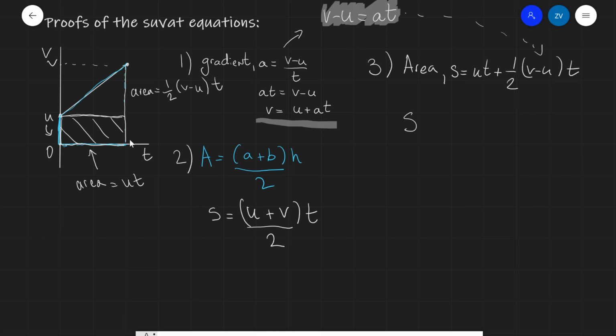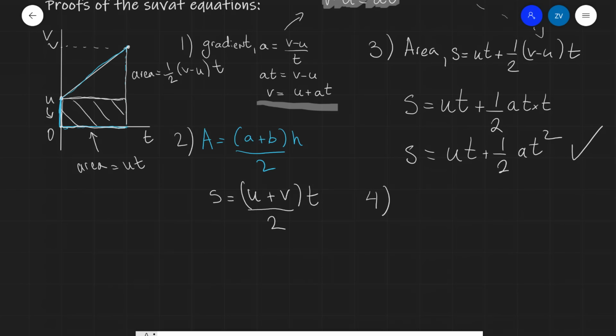So then s is equal to ut plus a half, now rather than v minus u, I'm going to write a times t, times t. Well, this of course is equal to ut plus a half at squared, and we've proved one more SUVAT equation.